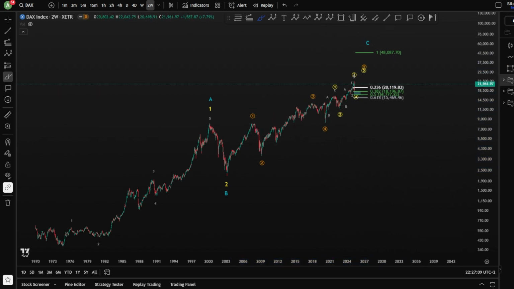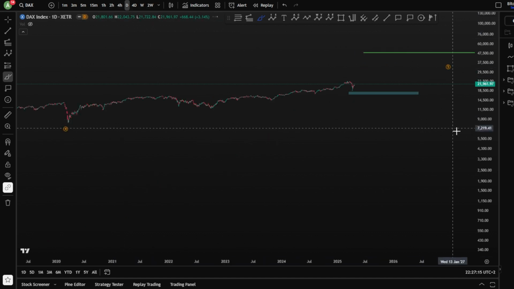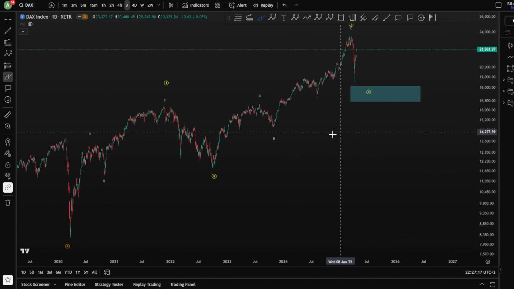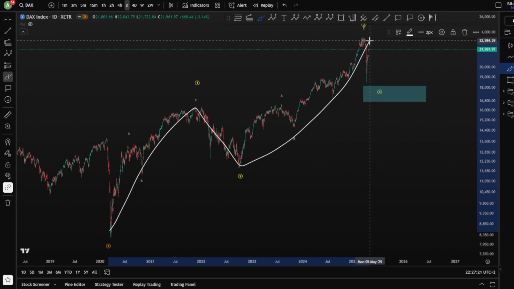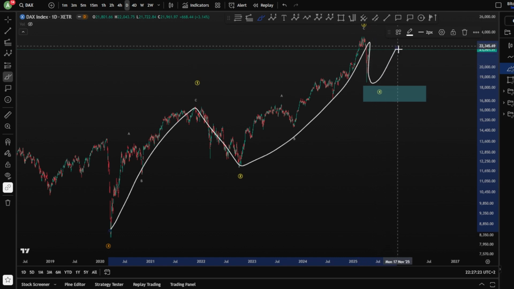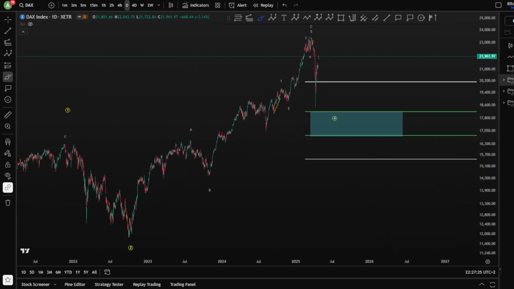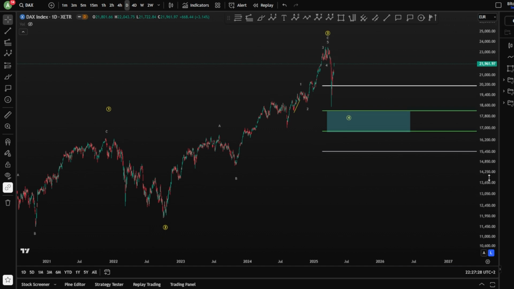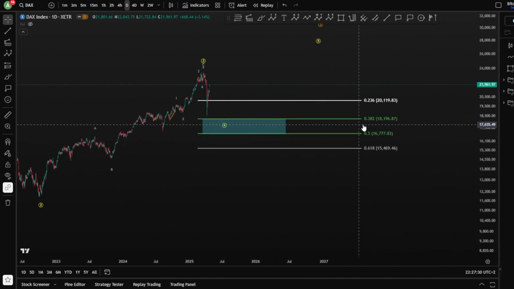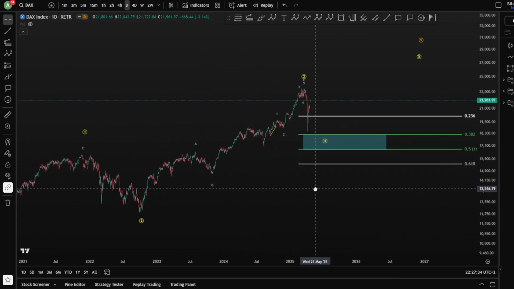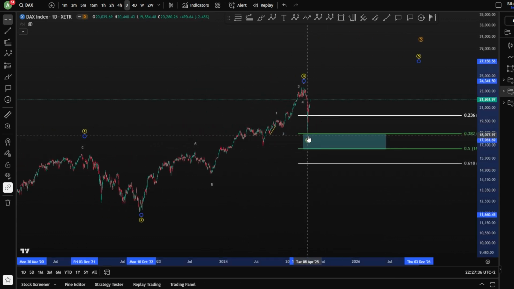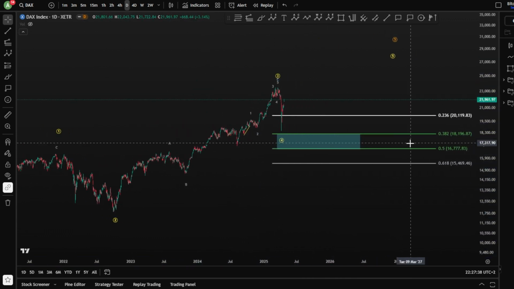If we take a closer look inside this area, we are looking at several counts here on the daily chart for this wave 5, where we see a potential 1, 2, and you're looking at a wave 3. Potentially, you finished your wave 4 as expected before, between the fib levels of a wave 4, 0.38, 0.5, which is a very, very good position for a wave 4, I would say.